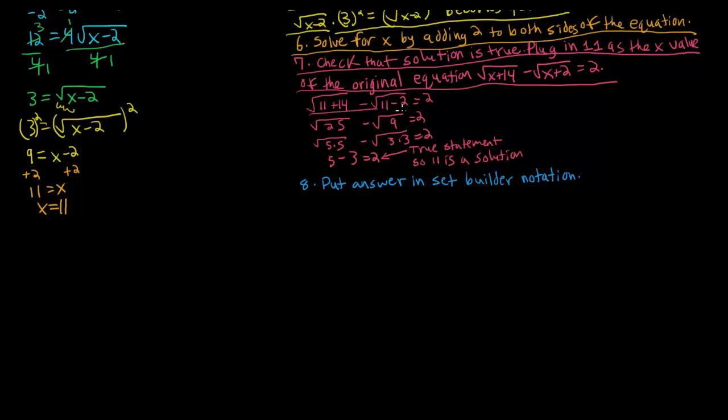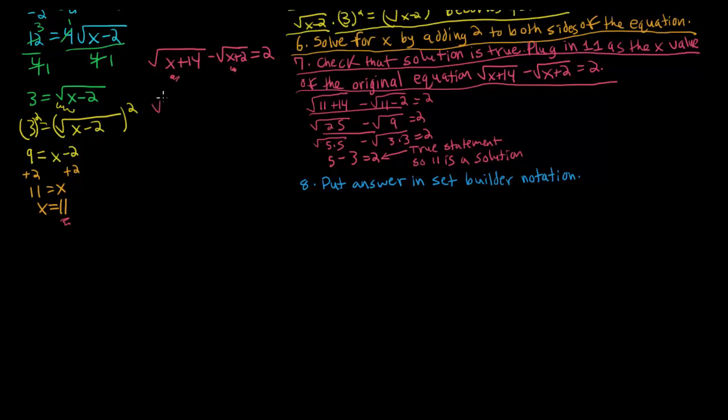I actually did it right here, but we can just do it over here as well, just so you can see. Square root of x plus 14 minus square root of x plus 2 equals 2. And then just plug in our 11 value in each instance where it has an x.